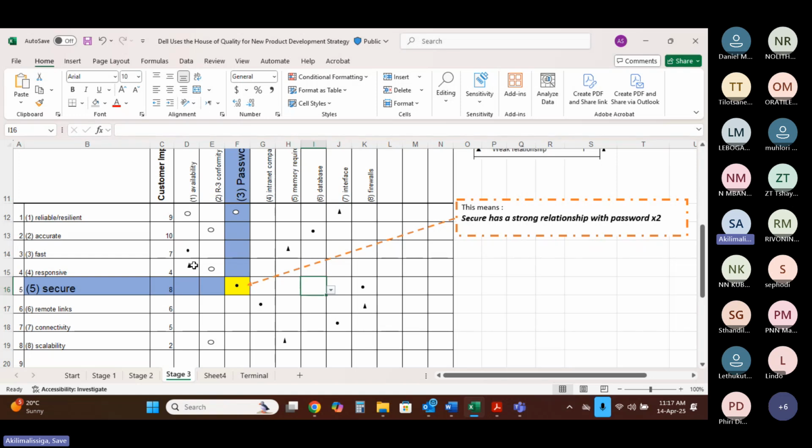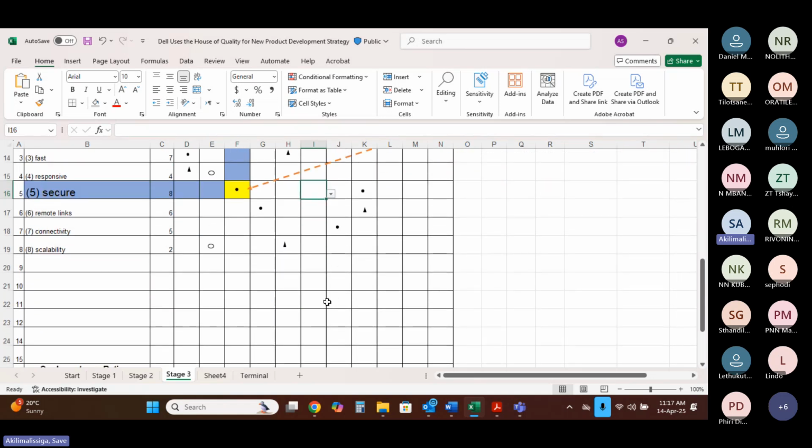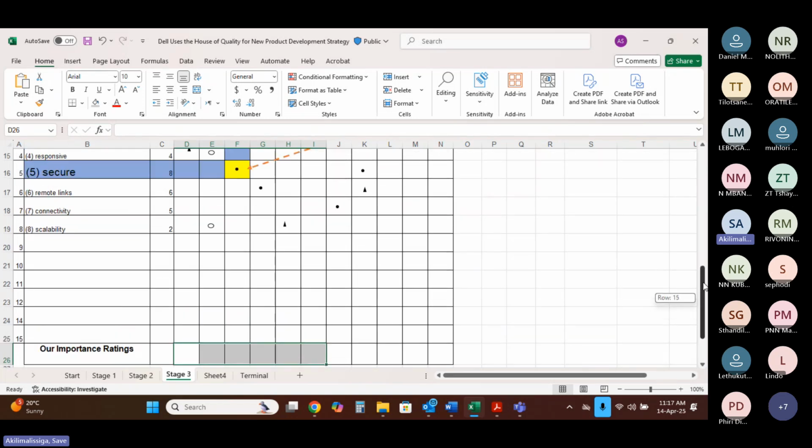Once this is complete, you have to provide the information below here, and this is what you're going to calculate now. Let me bring this up a bit so that we can see properly.